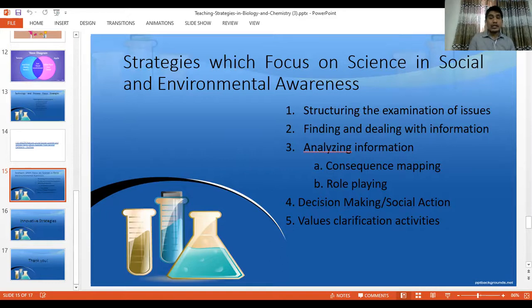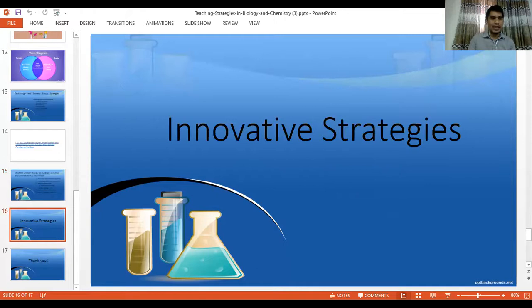Here we also facilitate informed decision making based on the information analyzed by the students and come up with a social action to respond to the issue at hand. Values clarification activities can happen so that some values can be developed even in science. This is more of a values integration in science.